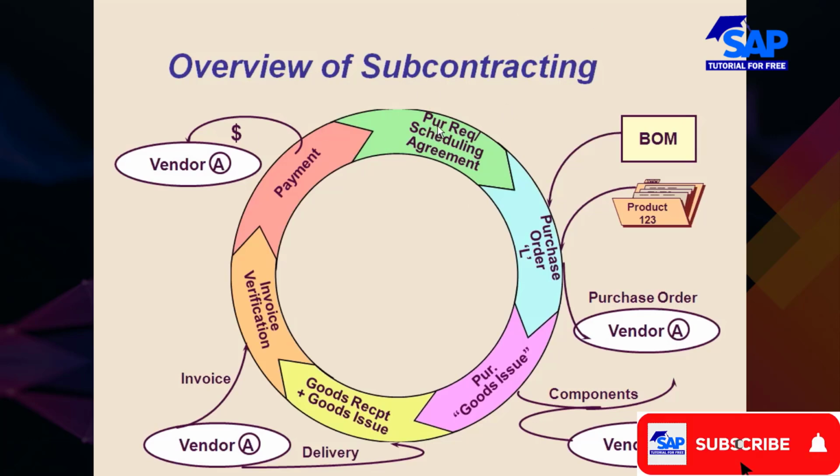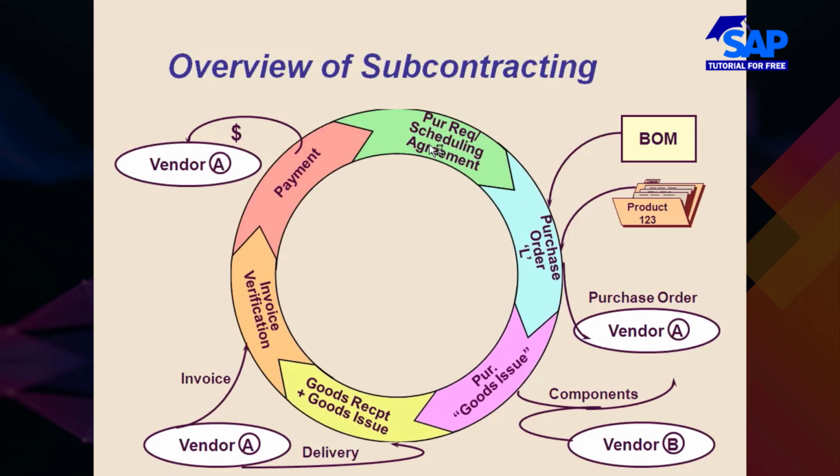Either you create a purchase requisition or a scheduling agreement requisition for the finished product. Ensure that a bill of material is created for the finished product, and once you have that ready, you convert the requisition into a purchase order. Check whether the bill of materials is triggered in the purchase order or not.